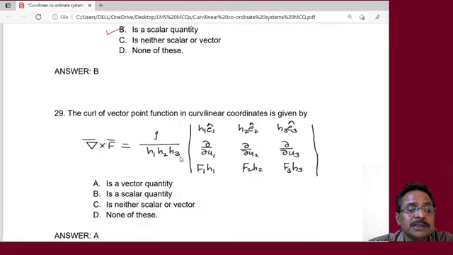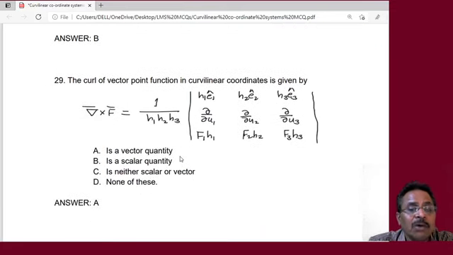Now, writing the curl of a vector point function in the curvilinear coordinate system, we come across this beautiful equation. Del bar cross f bar is given by 1 upon h1 h2 h3 times a determinant. The first row is h1 e1 cap, h2 e2 cap, h3 e3 cap.